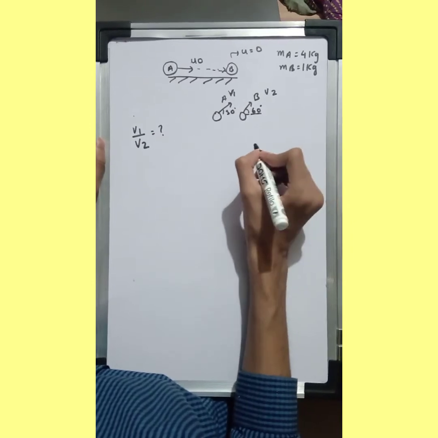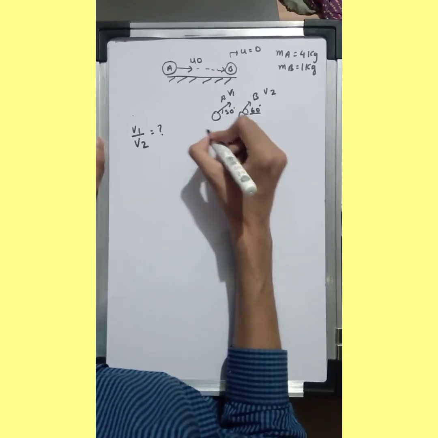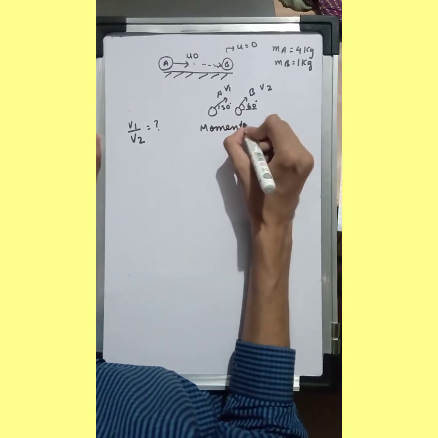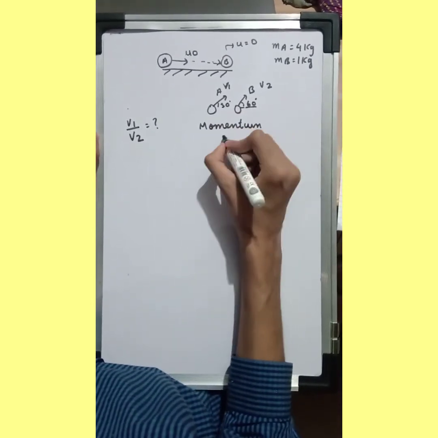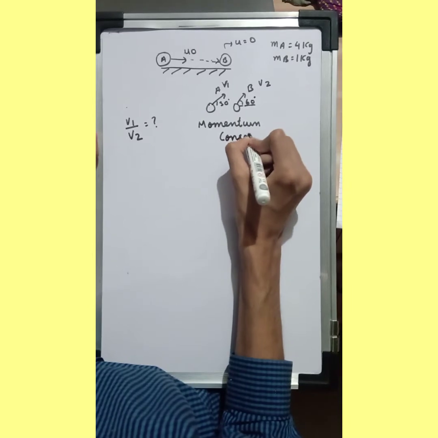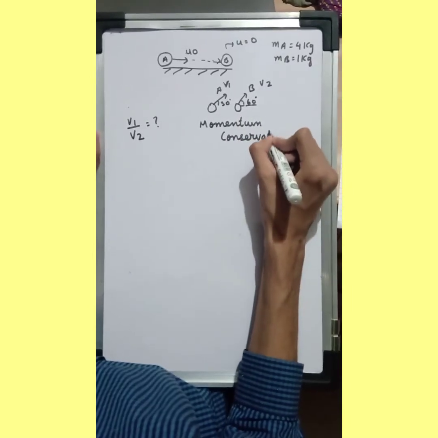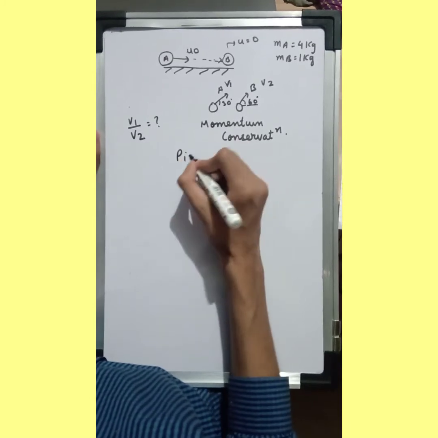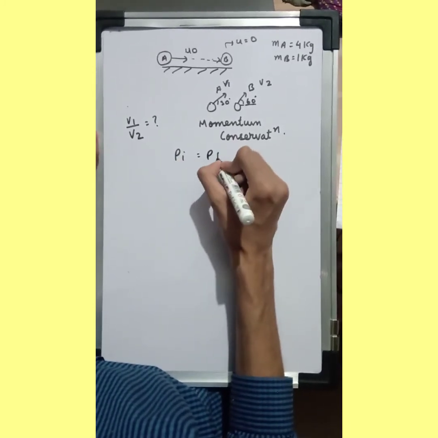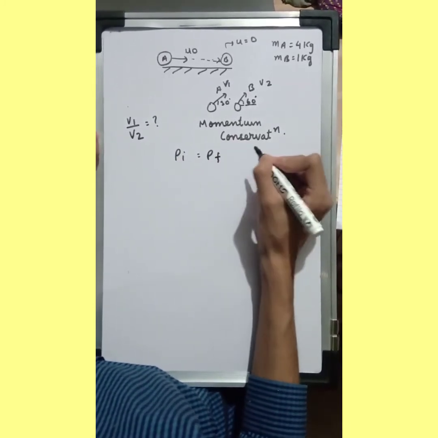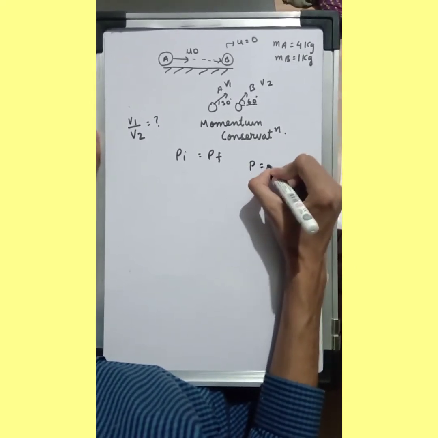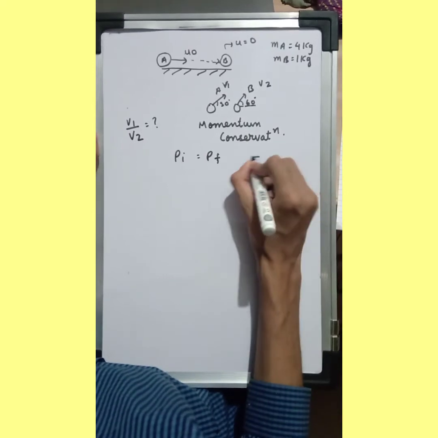So in this problem, we will be applying momentum conservation. This states that initial momentum before the collision is equal to the final momentum after collision. We all know the formula of momentum, P, is mass times velocity.